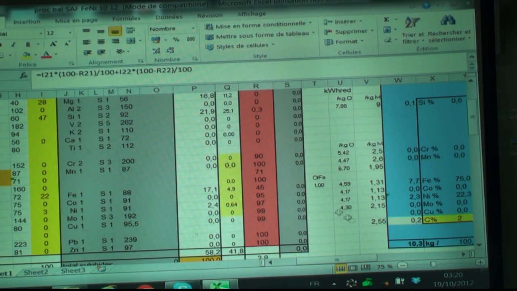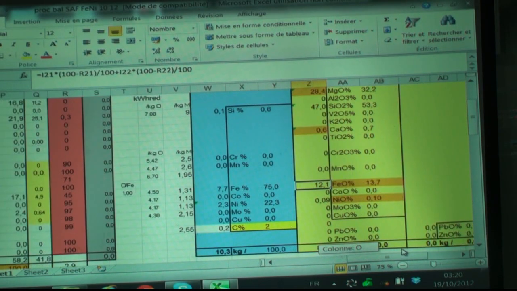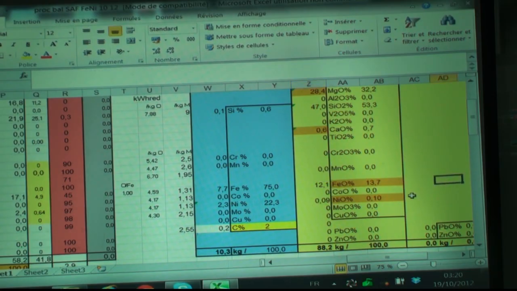Yes, it's correct. And you see we have 13% FeO. This is surprising to me because of this proportion.